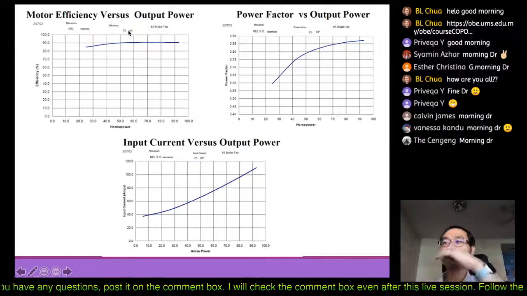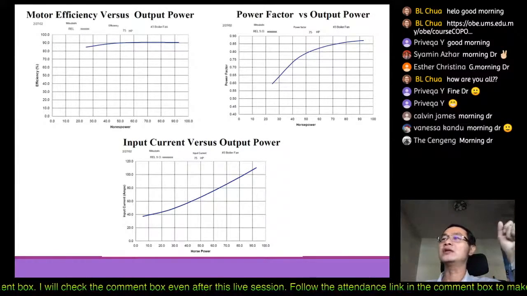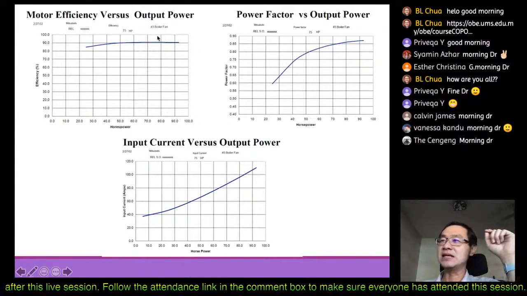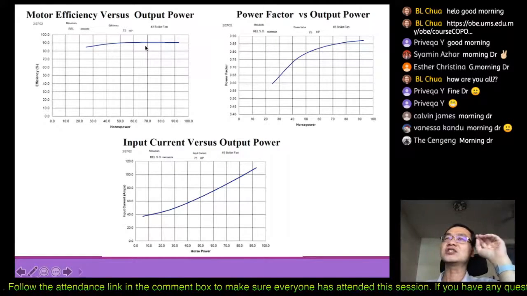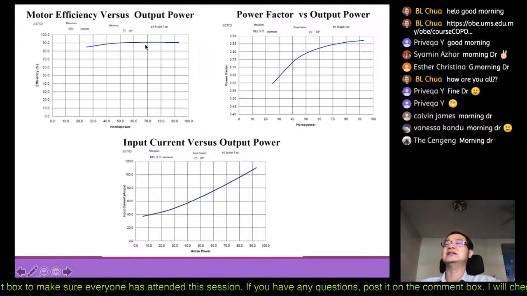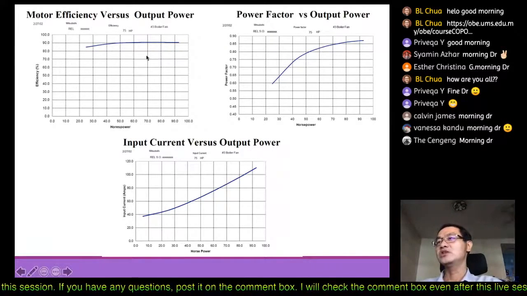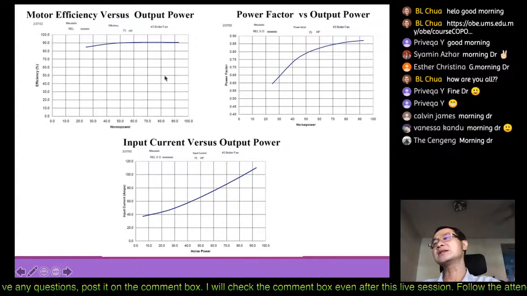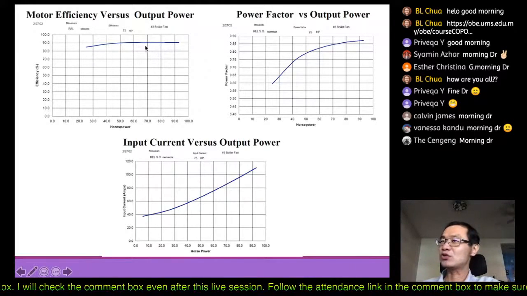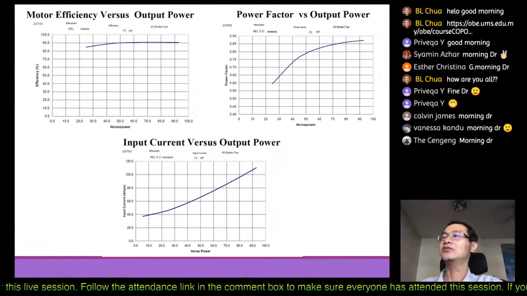That's why we can see that when the manufacturer puts a rated horsepower, usually that is the highest efficiency of the motor, where they rate the performance of the motor itself. So we try to select such that our load is not too far away from the rated power of the motor.